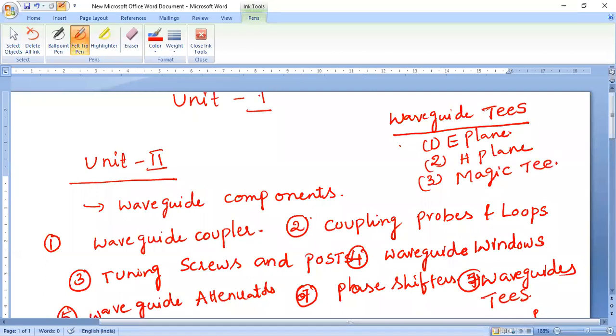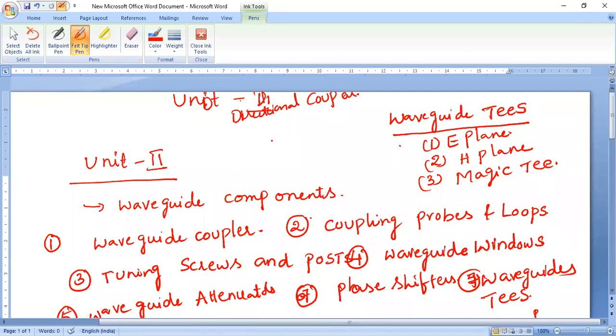We have other things like directional couplers.